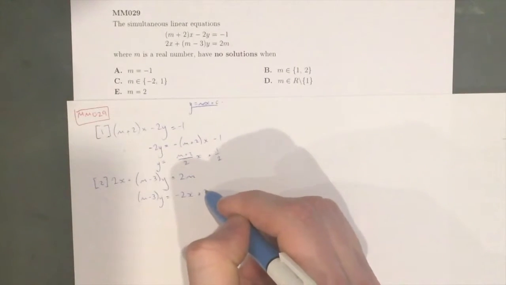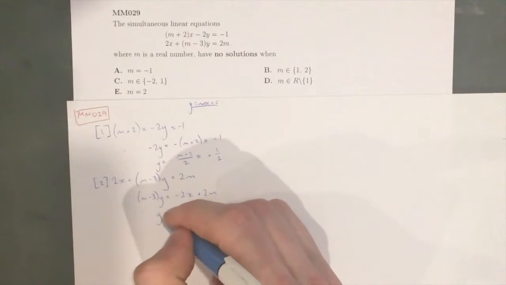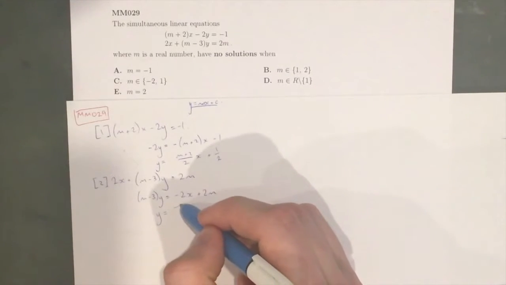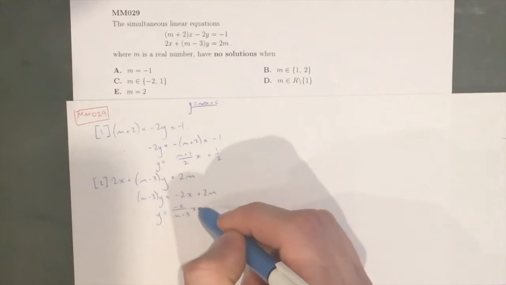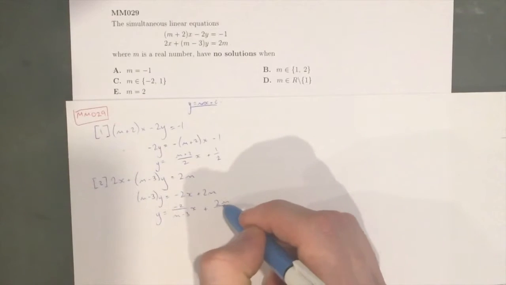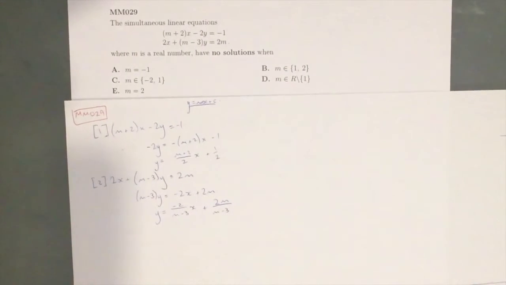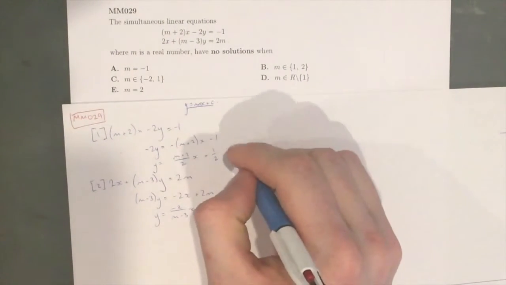We get (m - 3)y = -2x + 2m. And if we divide both sides by m - 3, we get y = (-2/(m - 3))x + 2m/(m - 3). And these are our two equations.